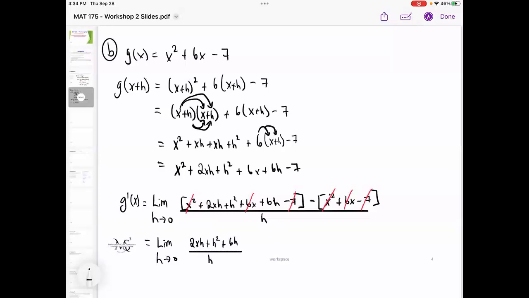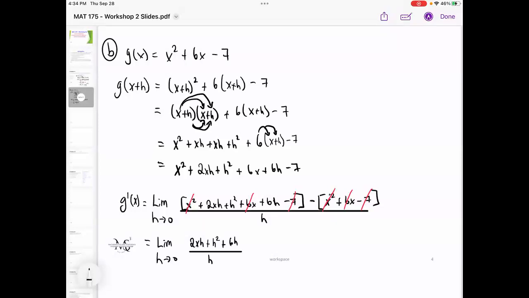So essentially, from the difference quotient, I did the difference part, all right? Now we can do the quotient part. If you look at all the terms in the numerator, because they all have an h in them, you can factor an h out and cancel it with the h in the denominator, right?